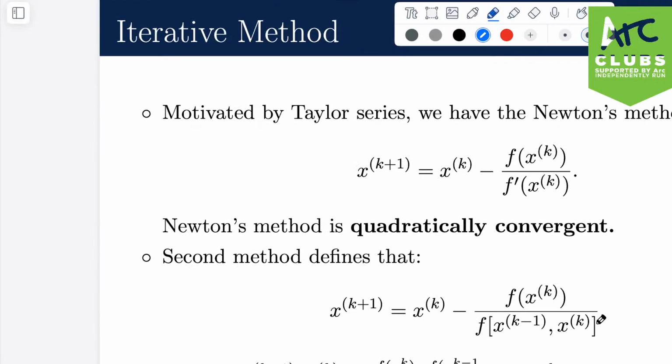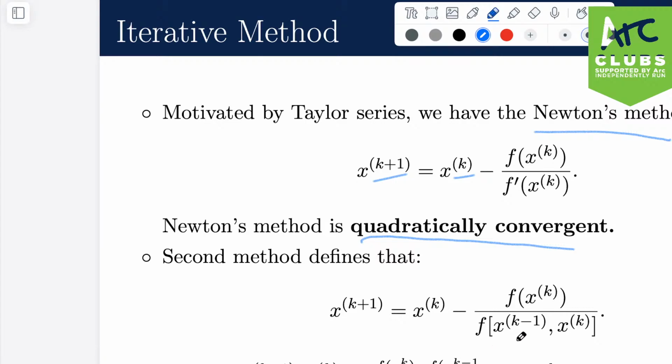For some of the iterative methods, first we'll have Newton's method, right? Which means the (k+1)th guess of our true value is the kth guess minus f(x_k) over f dash of x_k. And this is quadratically convergent. We also have something called the secant method.